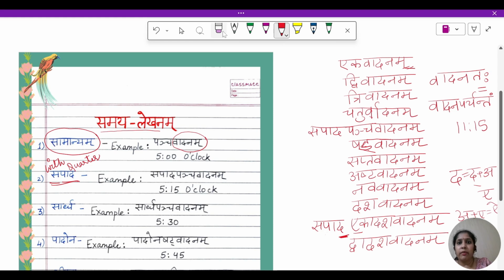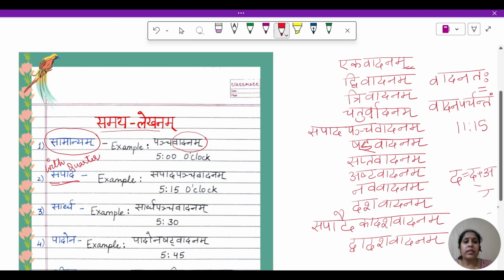So sometimes you may find in the books it's written like Sapad Aik, and then this will be removed, because we don't need to write it, correct? So it will become Sapadaikadash Vadanam. Understood? So just don't get confused.